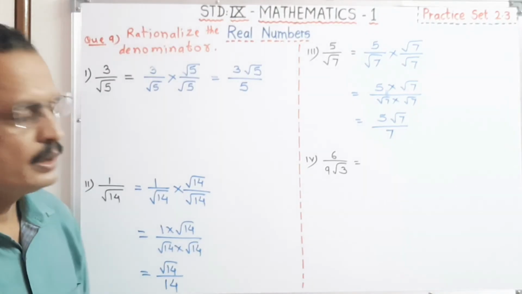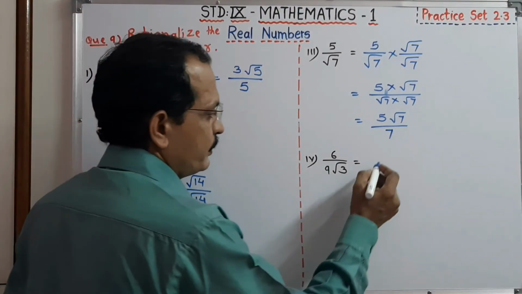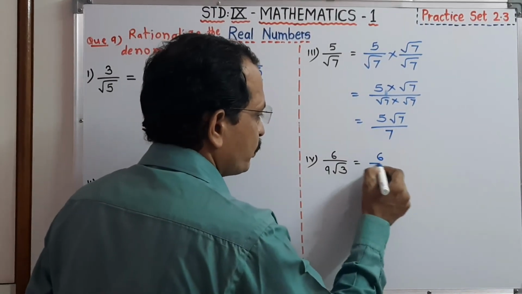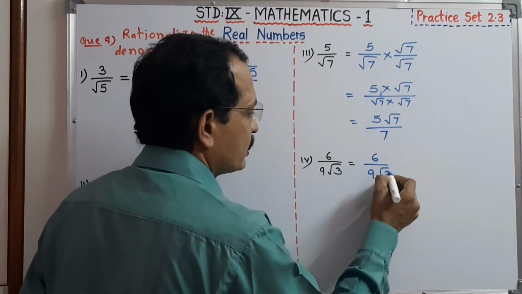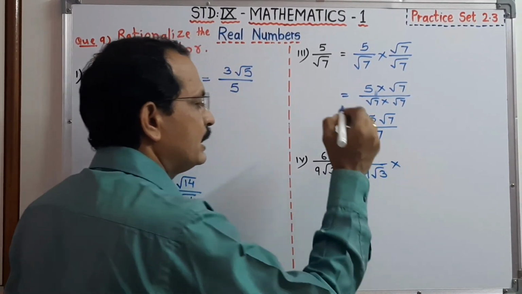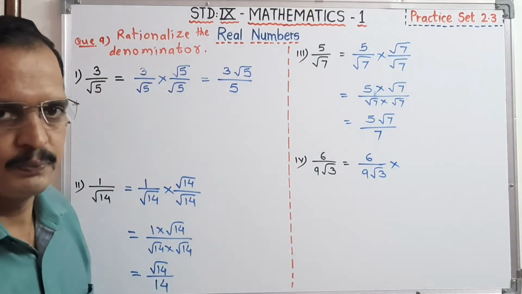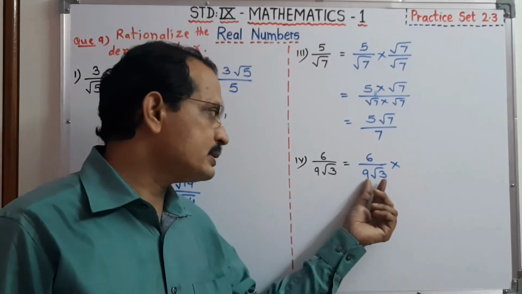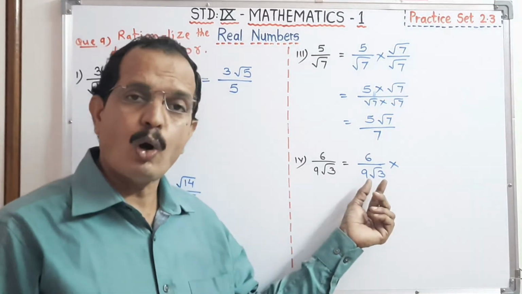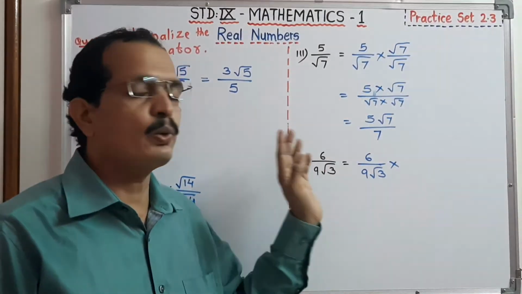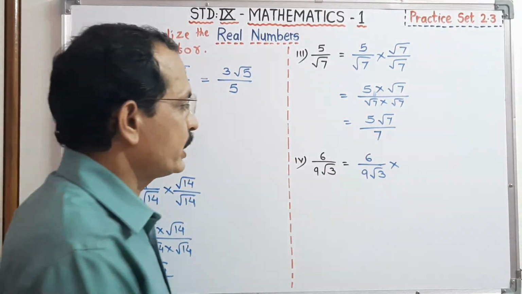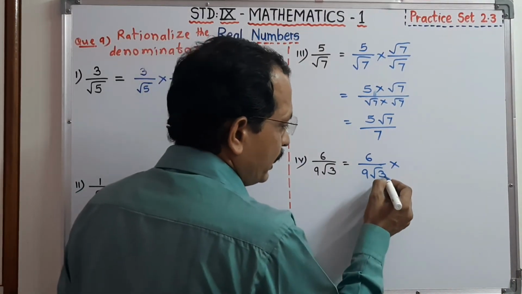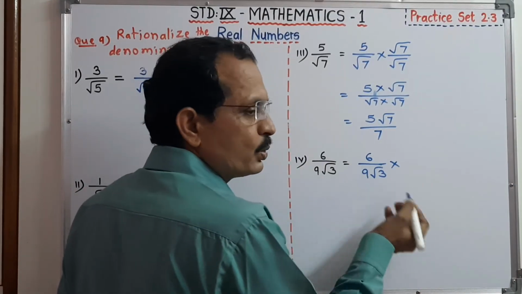Now, see, a little change is here. It is 6 upon 9 root 3. Dear student, tell me the rationalizing factor. Here we can multiply with the whole number 9 root 3, or we can multiply by only root 3. Both ways we can solve this. It is easy to multiply with root 3.